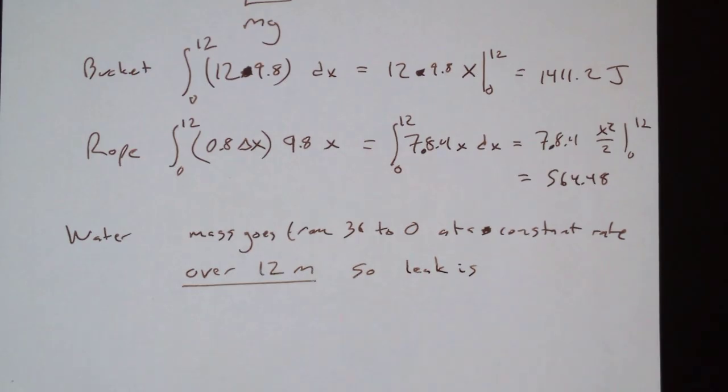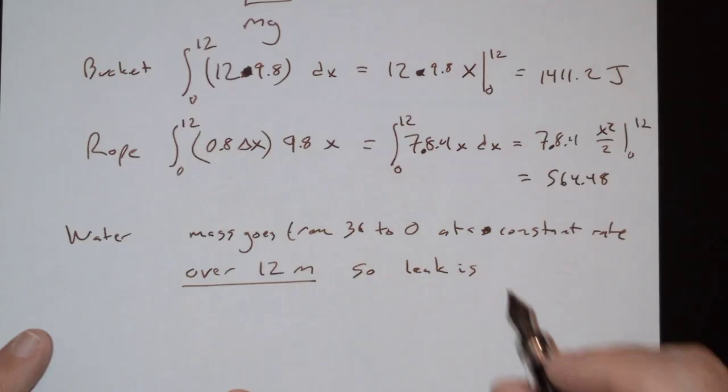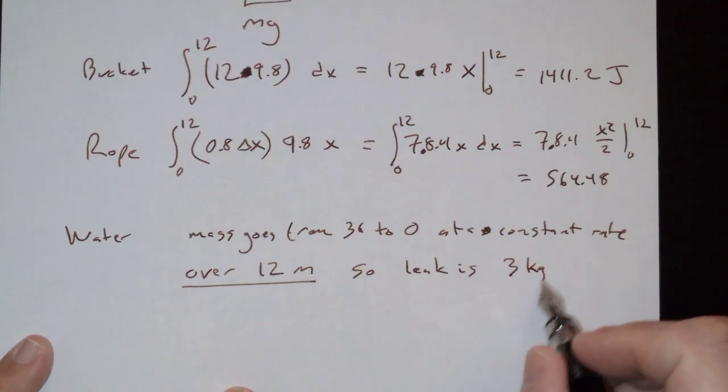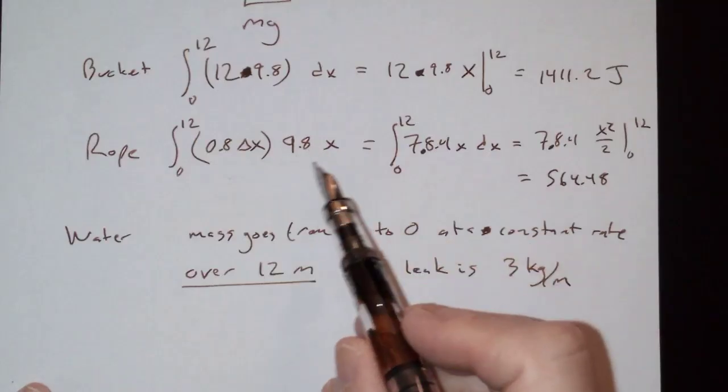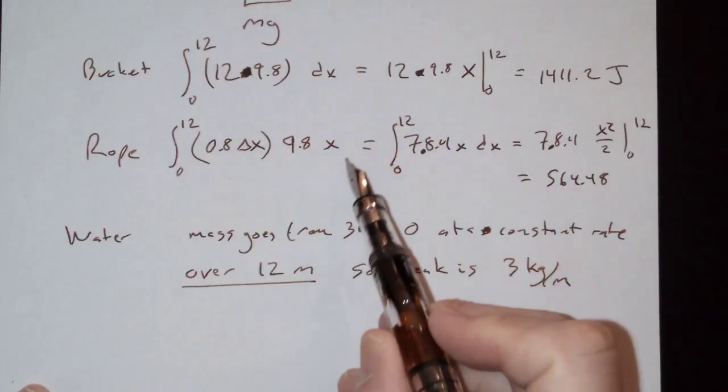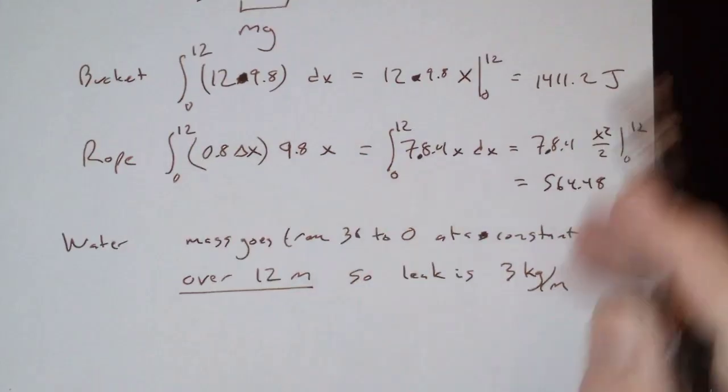The leak is 3 kilograms of water for every meter I travel. Does that make sense? We used per meter of travel right here, didn't we?